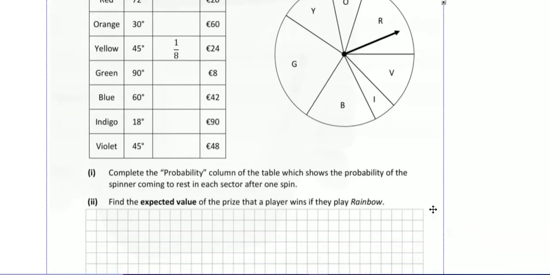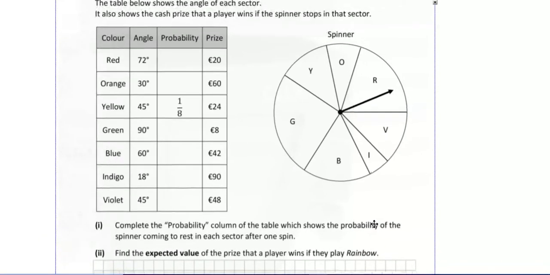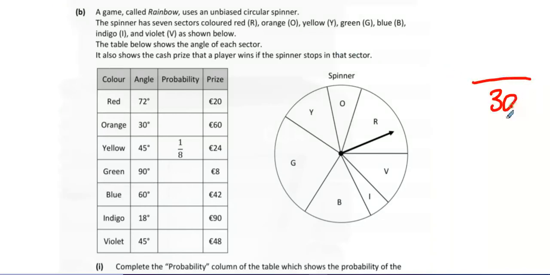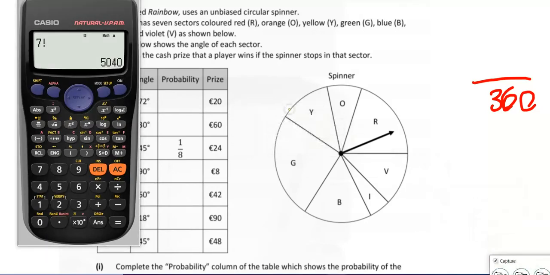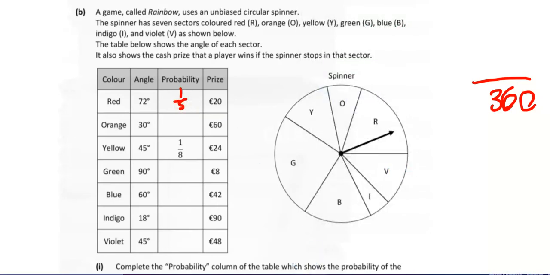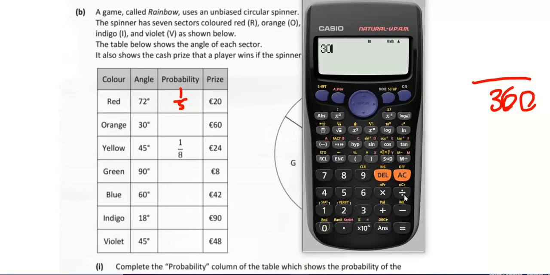So to fill out the probability table, whatever angle you're given gets divided by 360. So your angle divided by 360 tells you what fraction of the circle it represents. So we're going to go for 72 over 360, which is a fifth. 30 over 360, which should be a 12th.